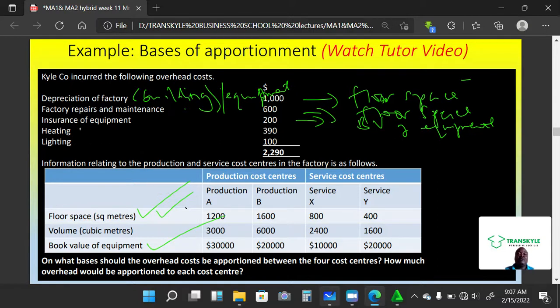For example, sometimes you discover that heating and lighting might be on a floor space basis, or even the volume. Like here, let us just use the volume for the heating, and then here we can use the floor space.